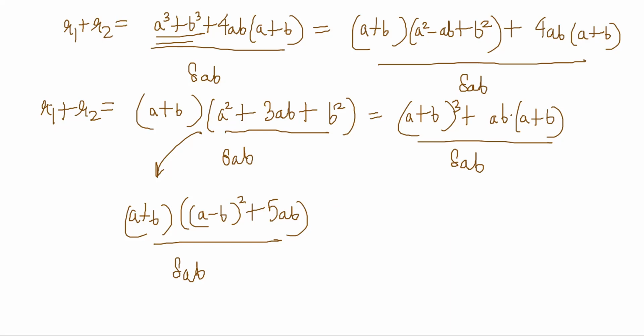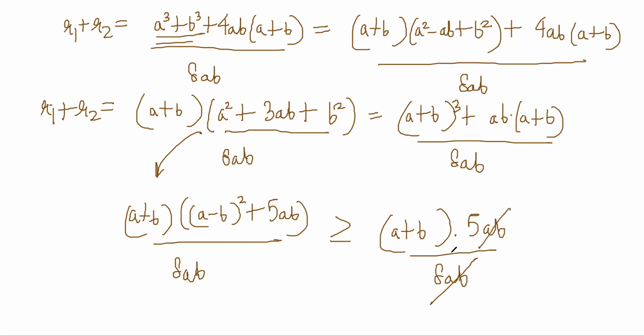So a minus b whole square is greater than or equal to 0. So the whole thing should be greater than or equal to a plus b into 5ab by 8ab. So equal to 5 by 8 into a plus b. The whole thing is greater than or equal to 5 by 8 into a plus b.